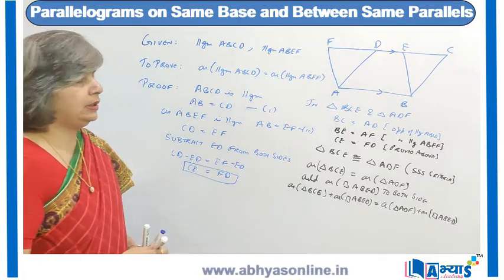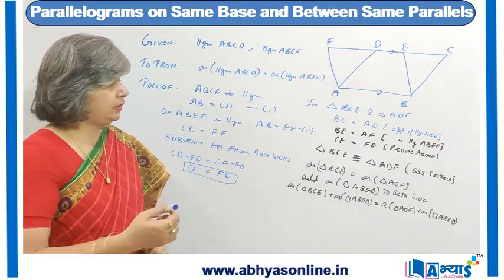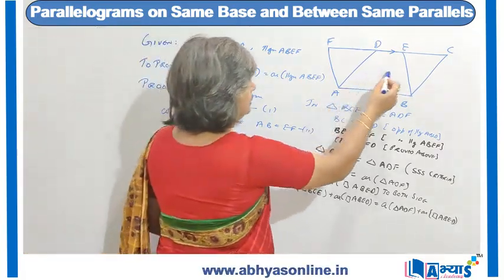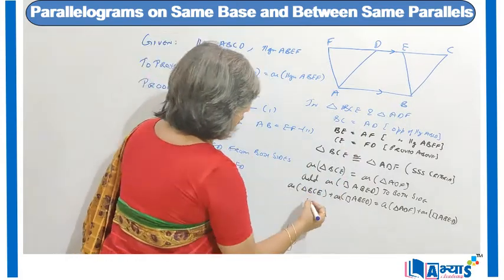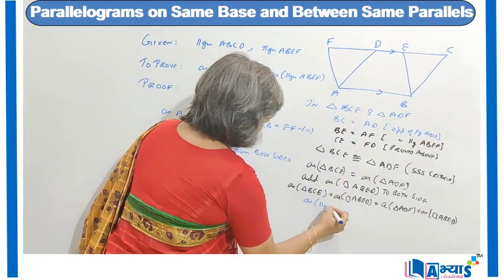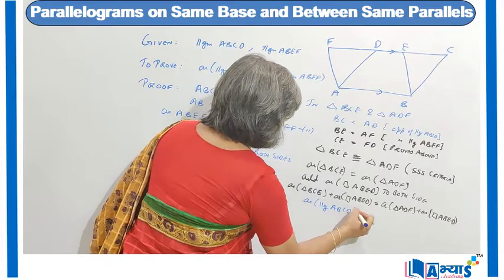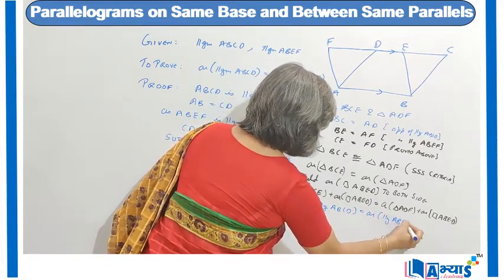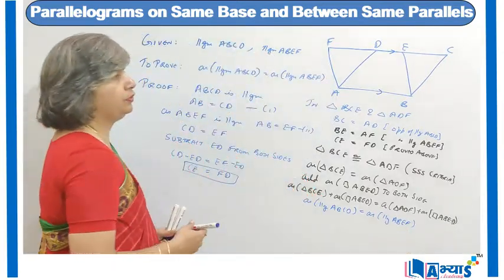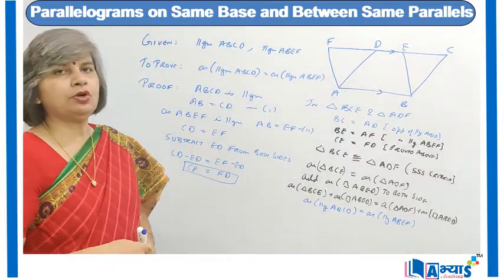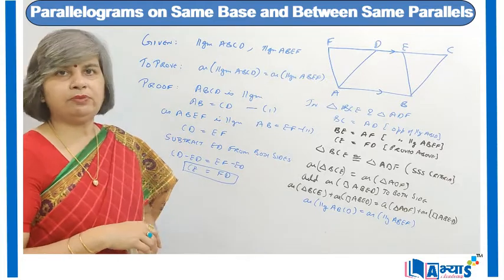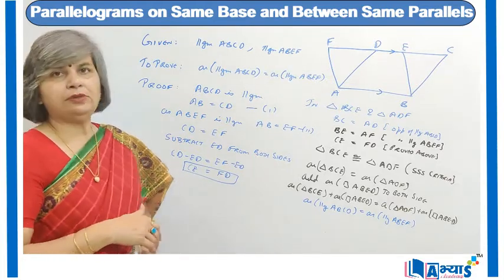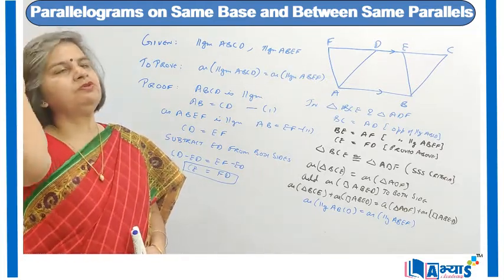Now when we add these two areas, it will become the area of parallelogram ABCD, and it will be equal to the area of parallelogram ABEF. So hence we have proved that if we have two parallelograms on the same base AB and they are between the same parallels, then the area of the two parallelograms will be equal.